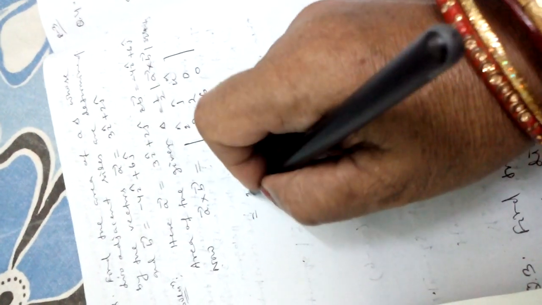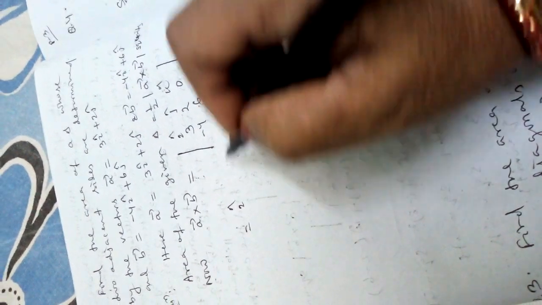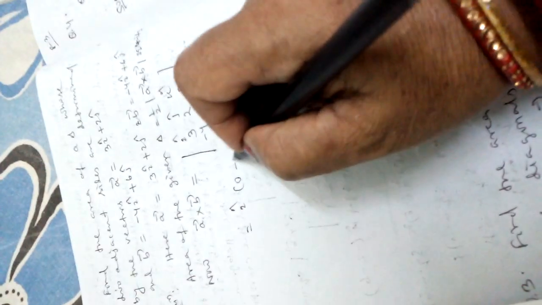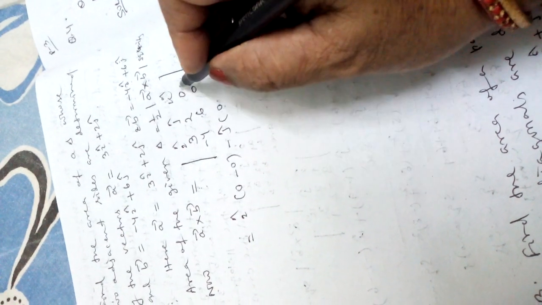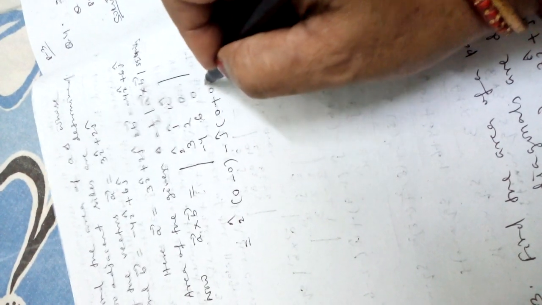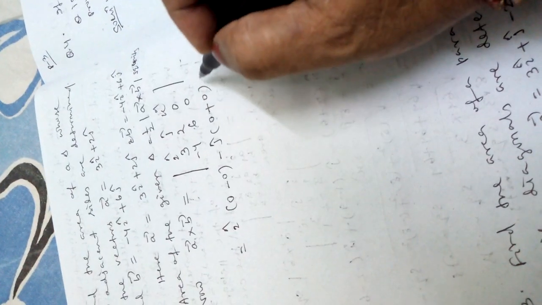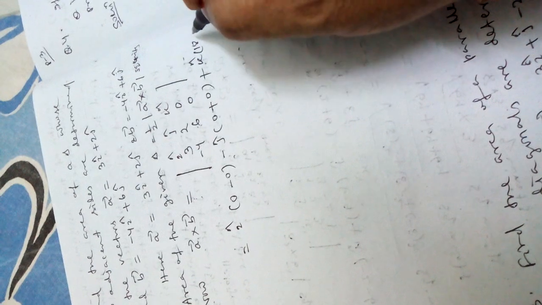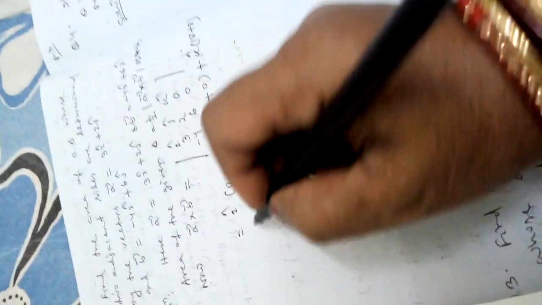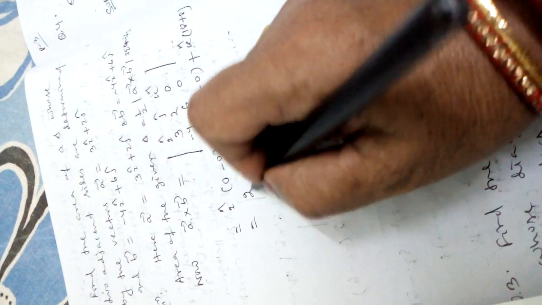So this is equal to i cap (2 into 0, 0, minus 6 into 0, 0) minus j cap (3 into 0, 0, minus 0 minus 4 into 0, that is 0) plus k cap (3 into 6, 18, minus 2 into minus 4, minus 8, that is minus of minus 8, plus 8). So this is equal to 26 k cap.